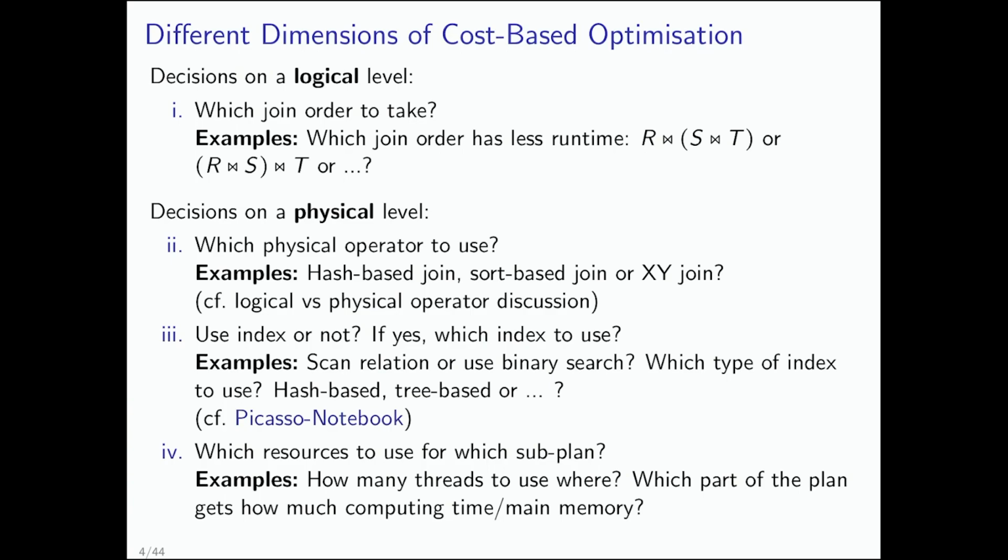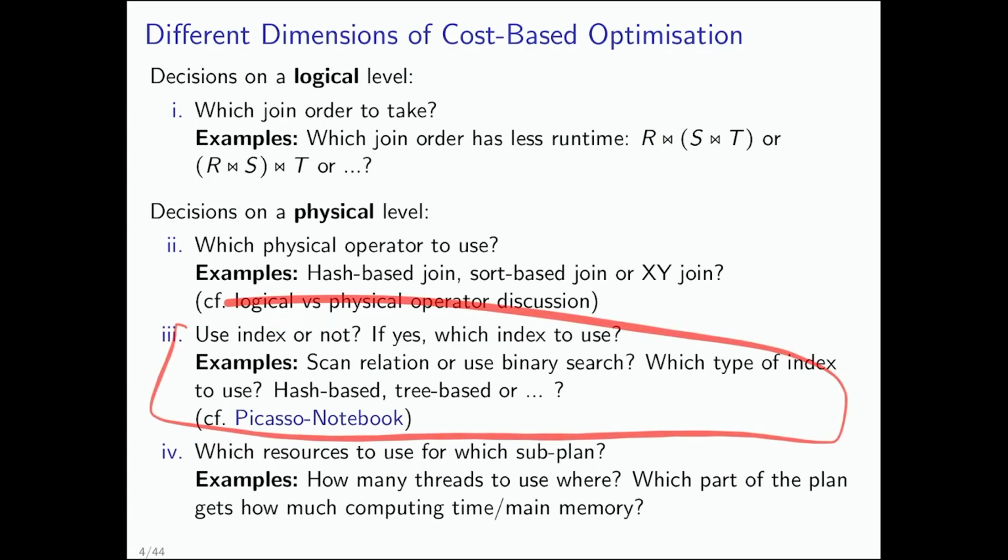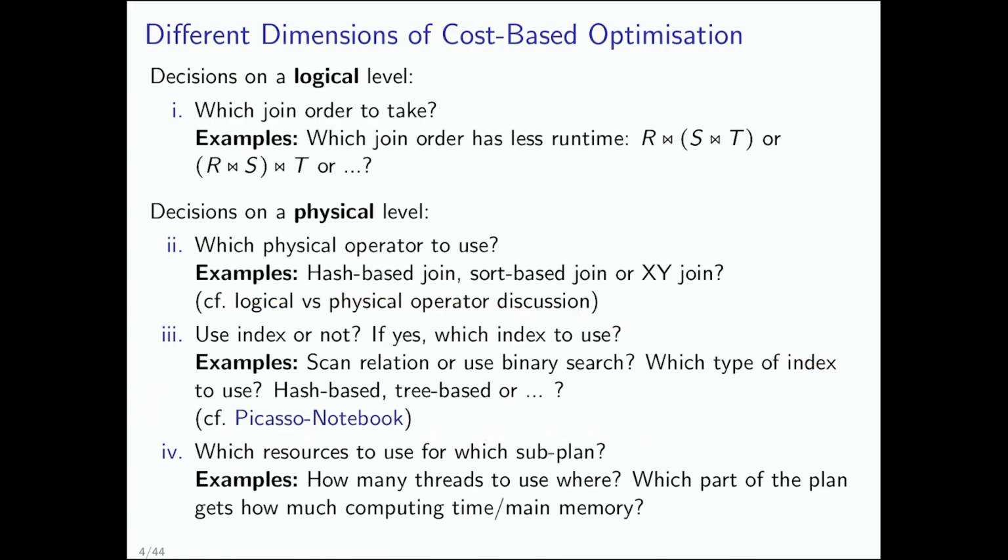So which index are you going to use in your plan? Do you use an index or you don't use an index? That sounds like a trivial decision from the point of view of complexity. If you scan your input and filter, and you have n tuples in your input, the complexity is linear in n, O(n).